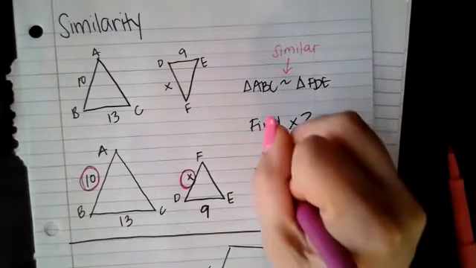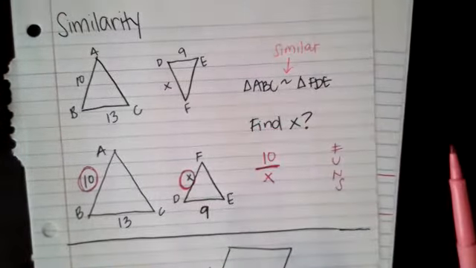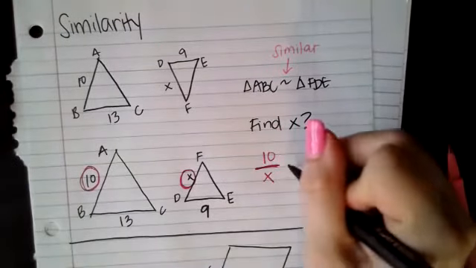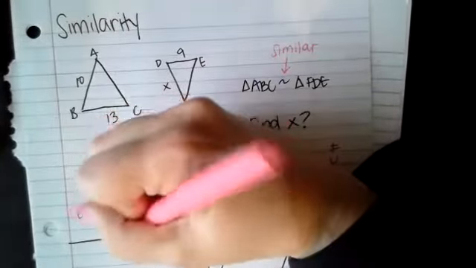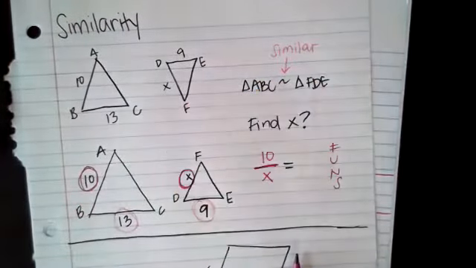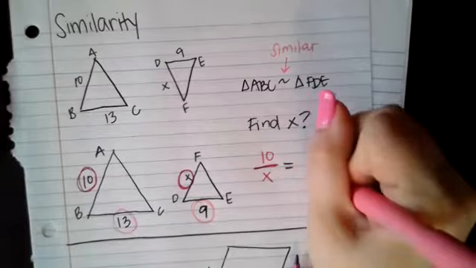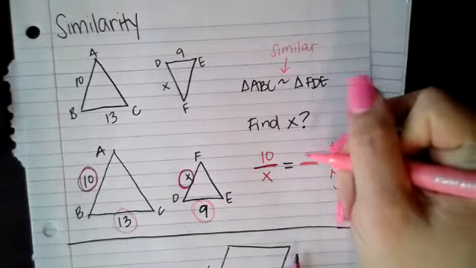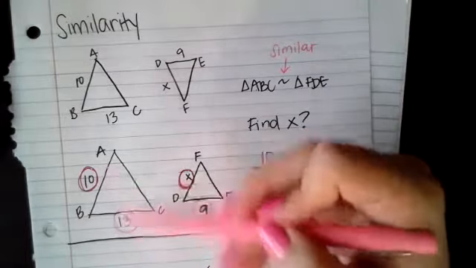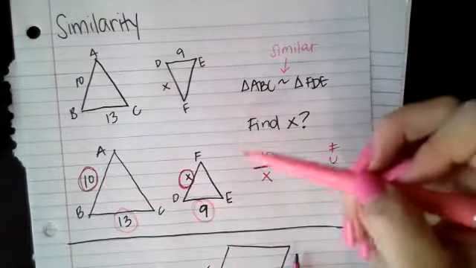So I know that 10 and x are one relationship, and I am going to set that equal to the other 2 corresponding sides. So 13 and 9 are corresponding sides, and they're going to be the second fraction I set up. And so I'm going to make sure I put 13 on top, because that is what I did for the other triangle.